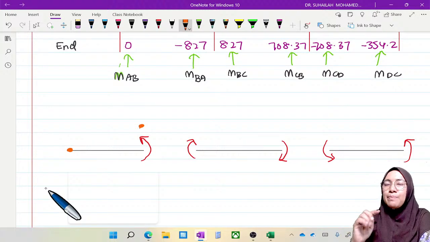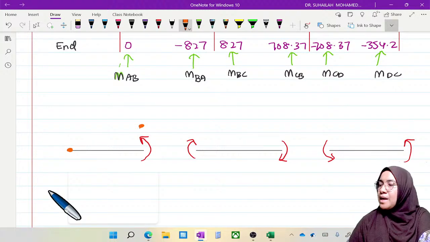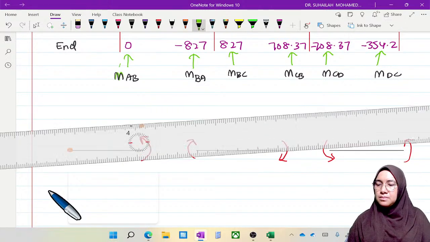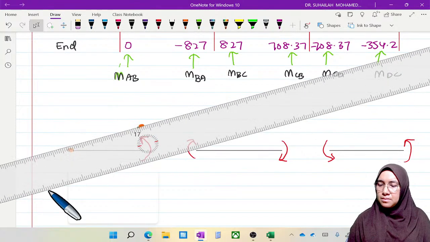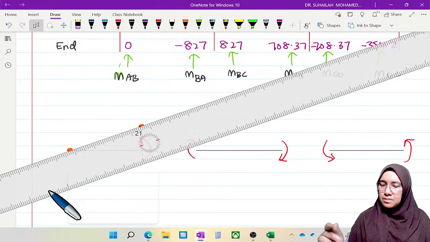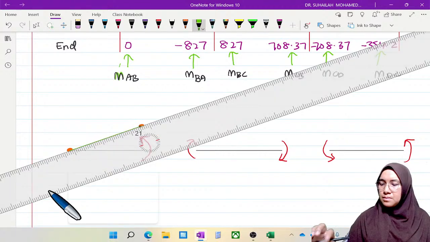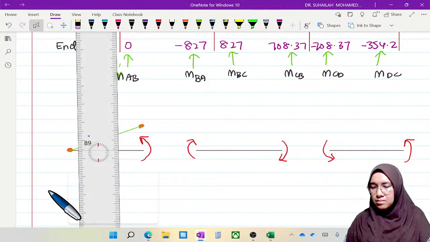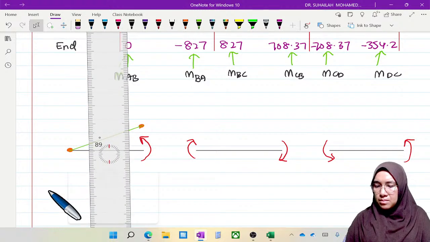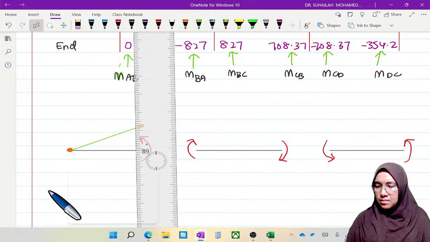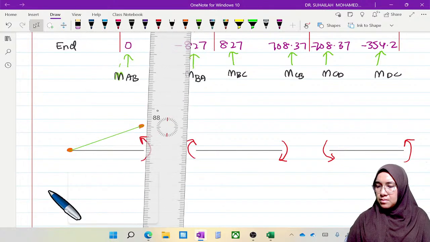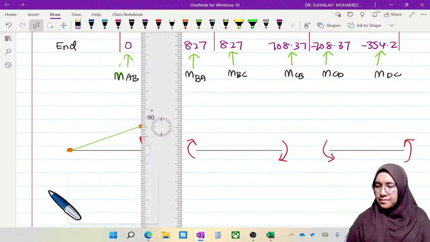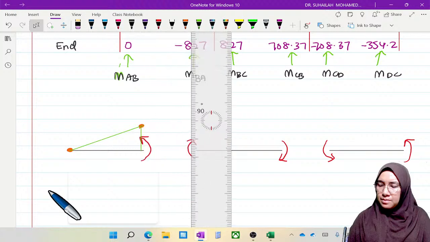So we will get the bending moment diagram for member AB as this. So this is the bending moment diagram.